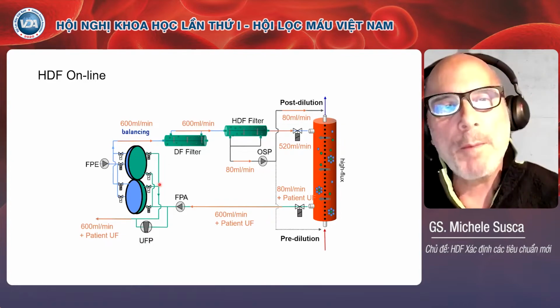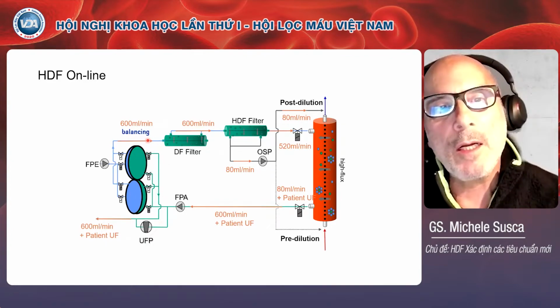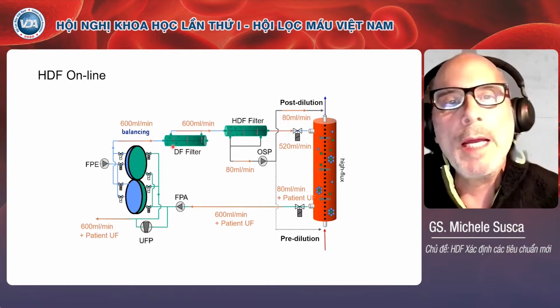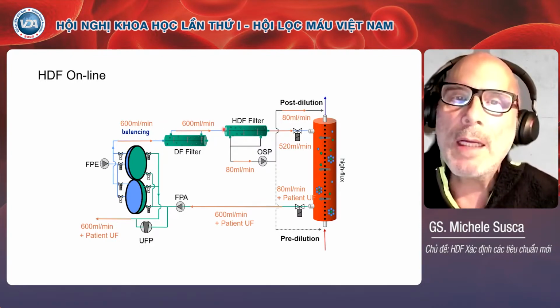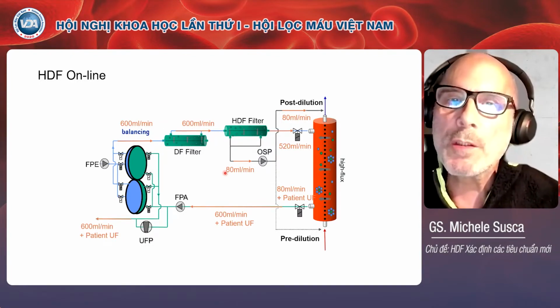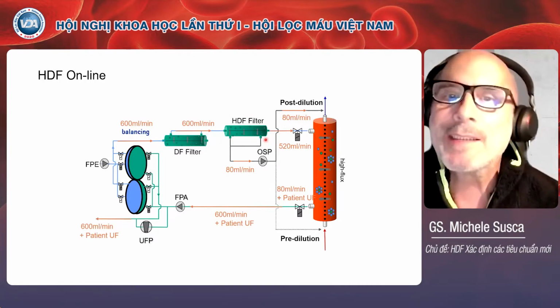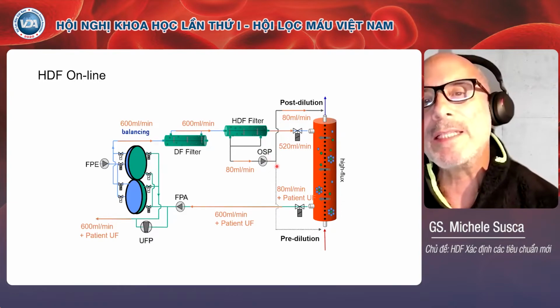You see here from the balancing chamber comes dialysing fluid, 600 milliliters per minute. I told you HDF is a little bit more. It is filtered the first time. We get ultra-pure dialysing fluid, and then another part, which goes as substitution to the patient, is filtered a second time. And so we get a really sterile solution.